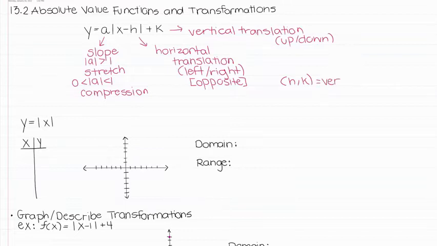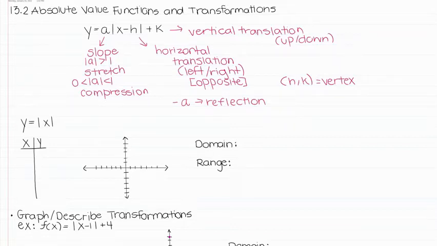Remember, we talked about the vertex is the point where both lines meet. And then lastly, if we have a negative A value, then that would be a reflection, meaning it's now flipped over the x-axis, but all we would really have to say is reflection.